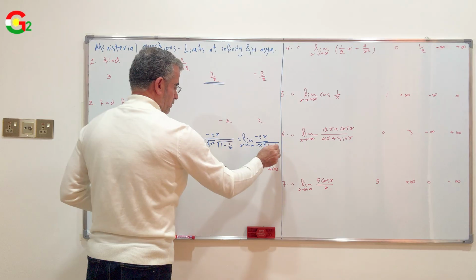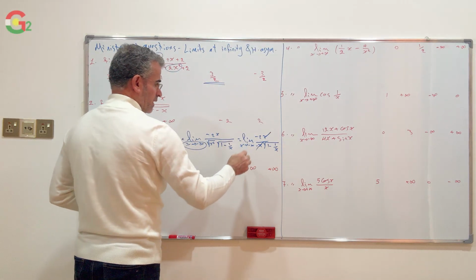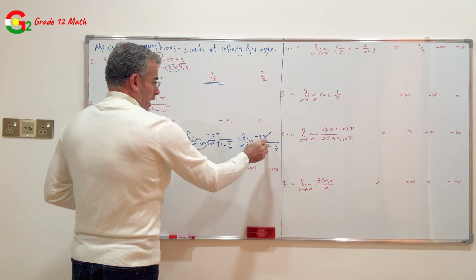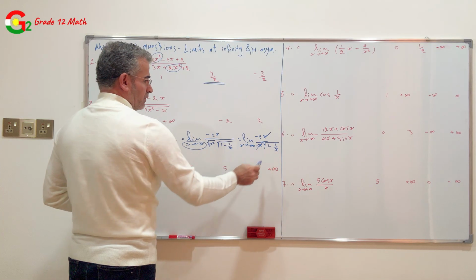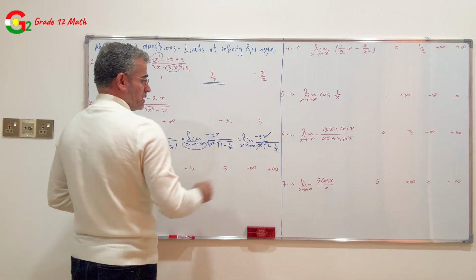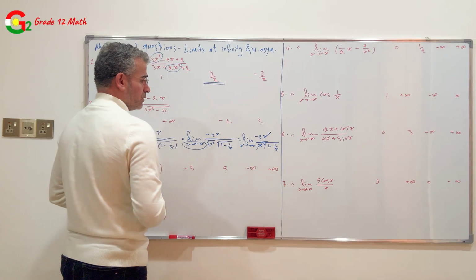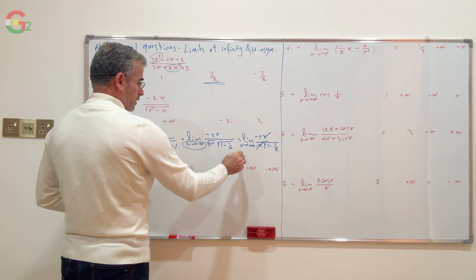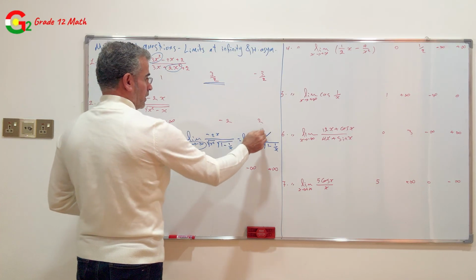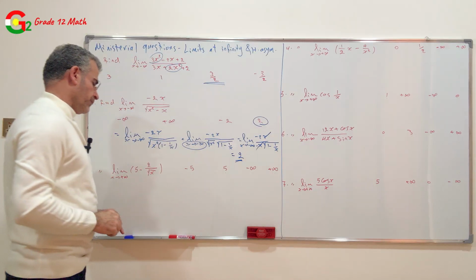Times the square root of 1 − 1/x. Reduce x with x and substitute every x with negative infinity. 1 over negative infinity is 0, 1 minus 0 is 1, the square root of 1 is 1, negative 2 over negative 1 equals 2. Therefore, the right choice is D.